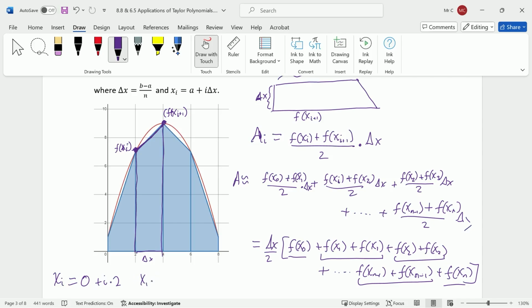It's just 2. And when we look here, that's what we labeled f of x1. When we look at x2, what do we get? Well, 2 times 2 is 4. So that's 4. So f of x sub 2, or f of 4, I should say. So all that is taking our delta x and moving us over by delta x each time we increase i by 1.